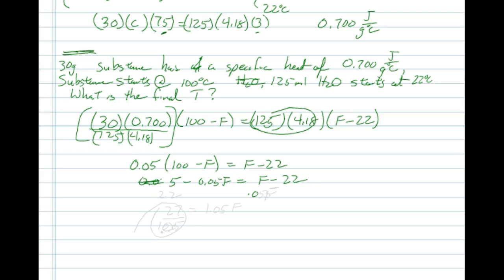Add 0.05 F, add 22. 27 equals 1.05 F. And solve. Which isn't too bad for approximation. Whatever that is will be your final temperature. This concludes the lesson on calorimetry.